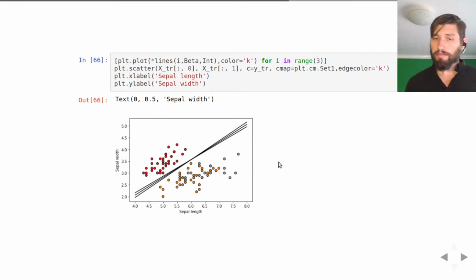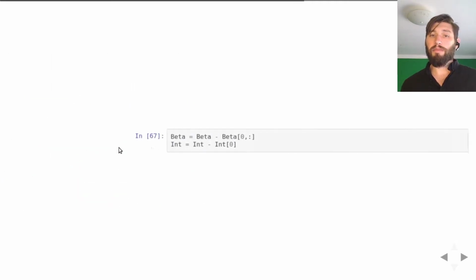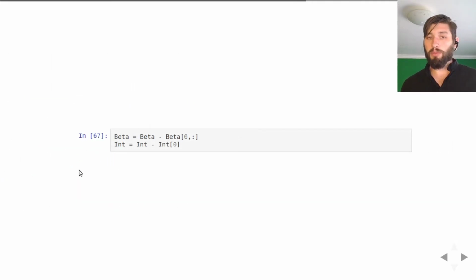So, as I said, in the way that I presented logistic regression, we don't actually have to fit the 0 class. They do in this, but we could just remove the beta 0 from the beta vector, and same with the intercept.